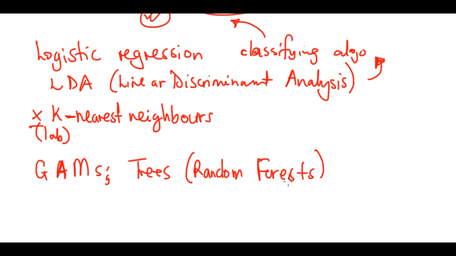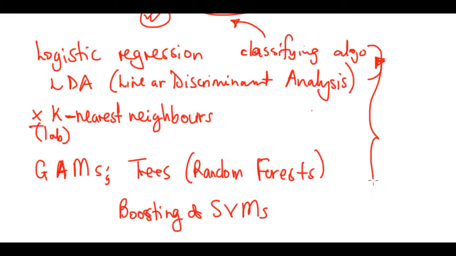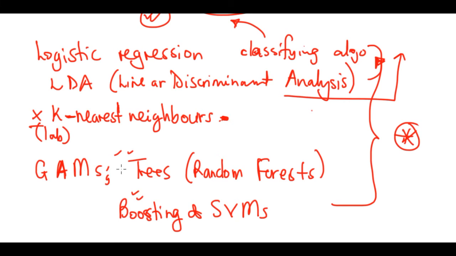We're also going to look at boosting methods and SVMs, which are support vector machines. All these are classification algorithms. In this chapter, we'll do these two, and then k-nearest neighbors we already did, so we'll do it in the lab. The others, we'll see them later.